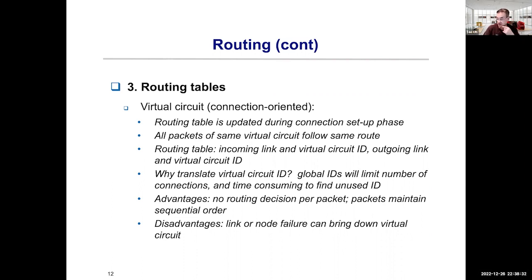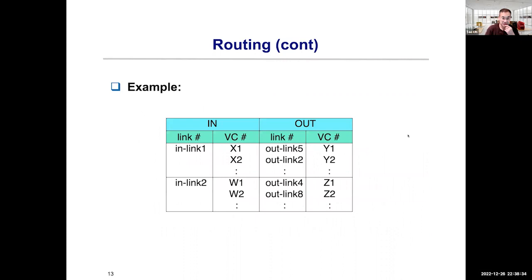Okay, and here's an example. This is a setup. Because each node has its own topology information, it's able to set up the connection-oriented route. It establishes routing like this. What is the incoming link? Virtual circuit X1.